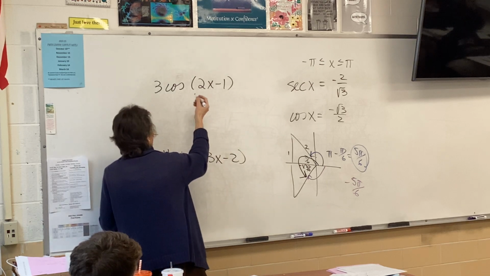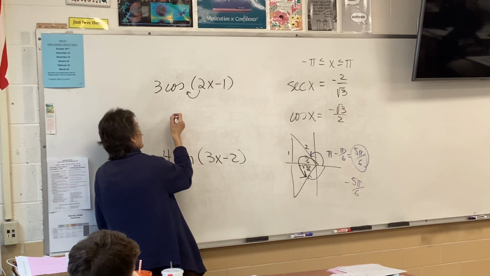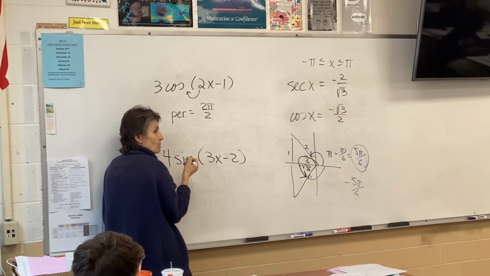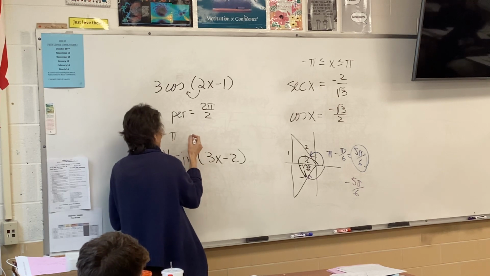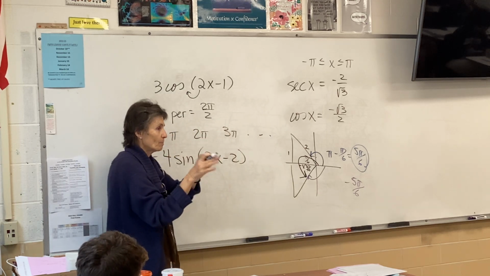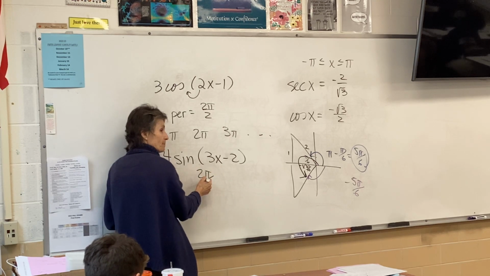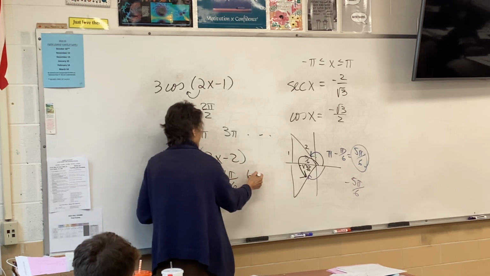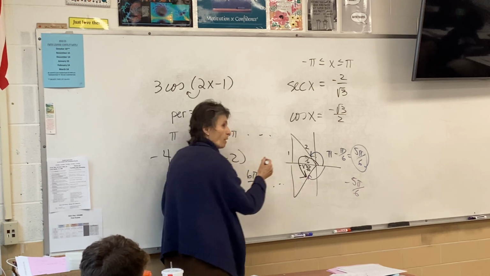To graph it, we would pull this out, but to find the period, we don't really need to. We just know that the period's going to be 2 pi over 2, which means the period is pi, so it starts repeating every pi, 2 pi, 3 pi, and so on. For this one, the period's going to be 2 pi divided by 3, so that'll be 4/3, 6/3, and so on.